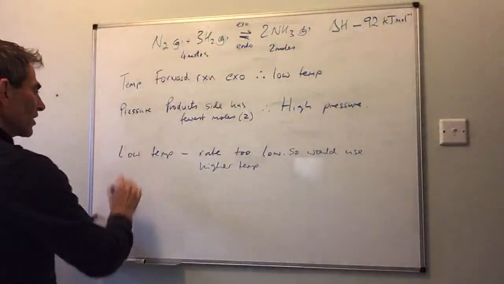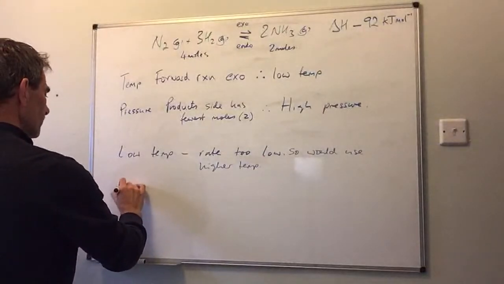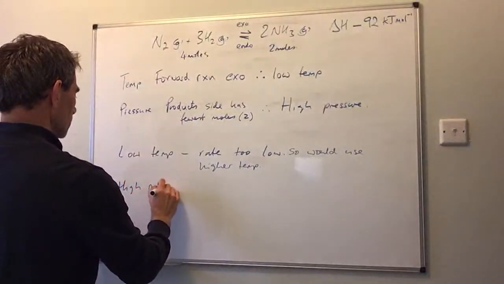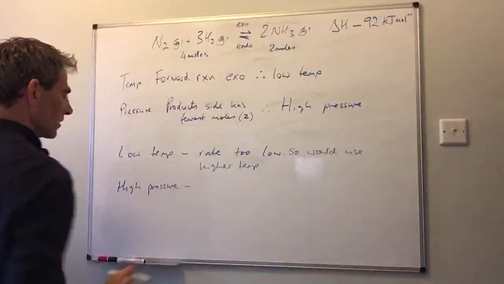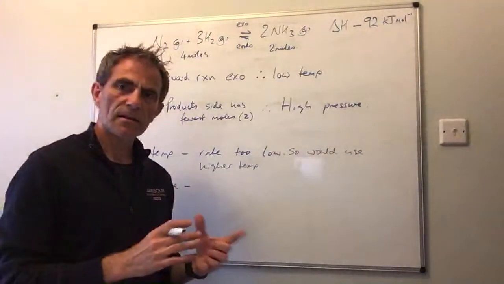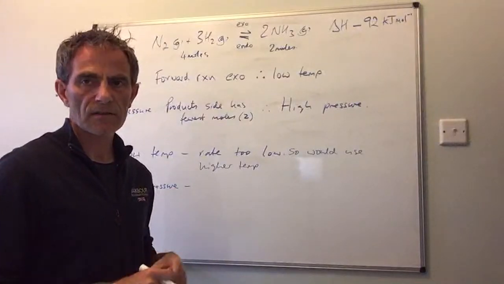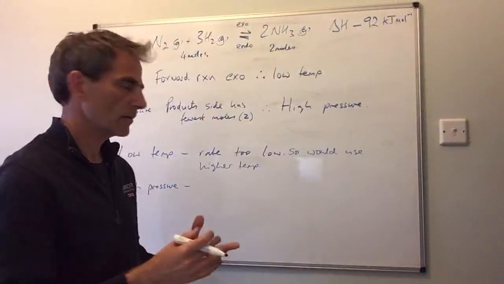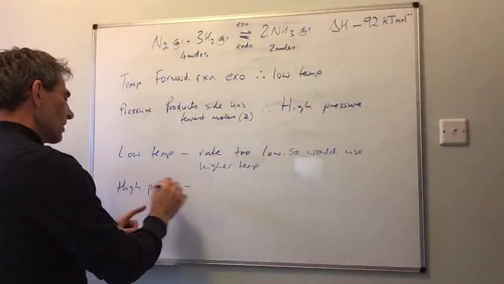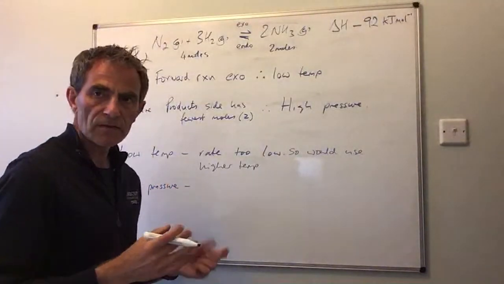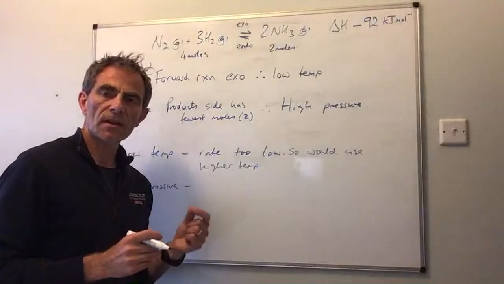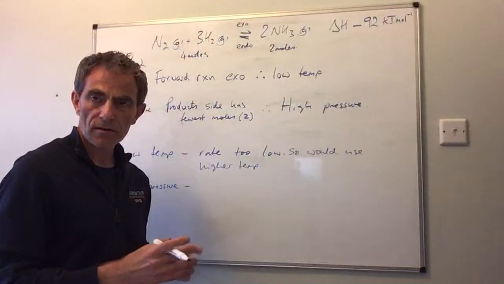Okay, the pressure, so the high pressure. I tend to tell my students, don't go down the it's too expensive kind of thing, but you could mention it. High pressures are very expensive to generate, and they're very difficult to maintain.